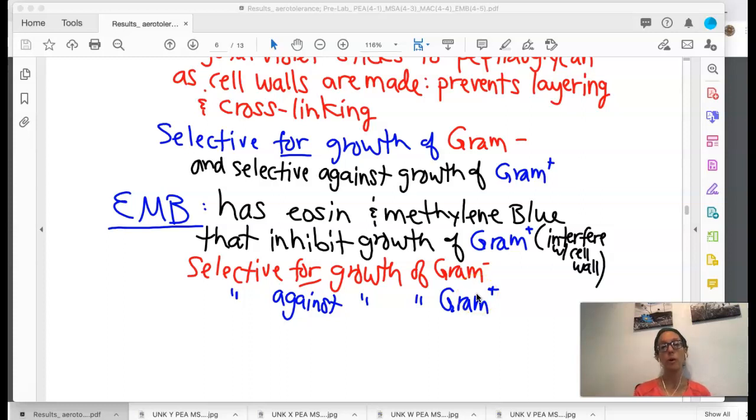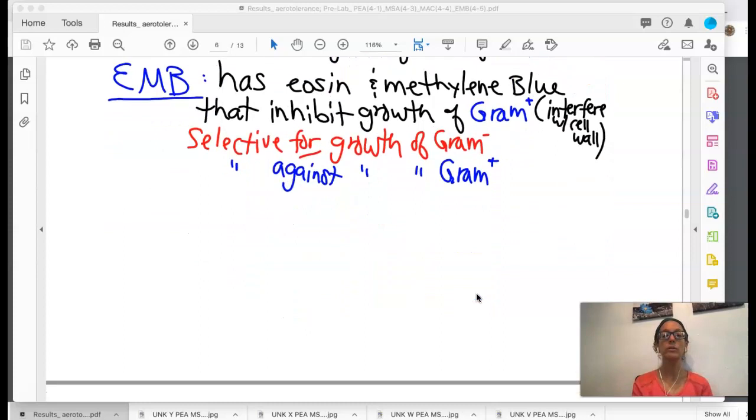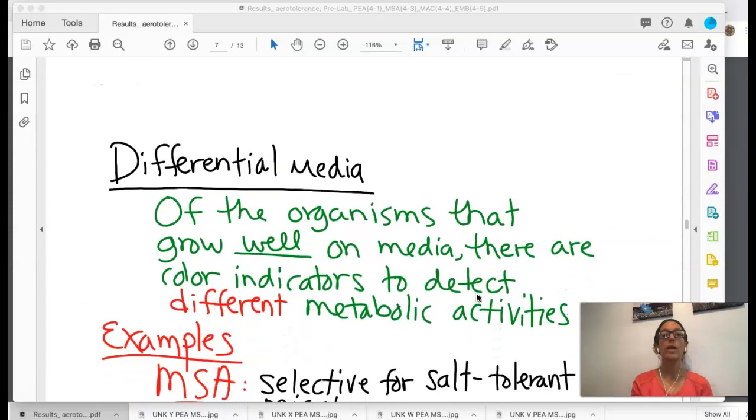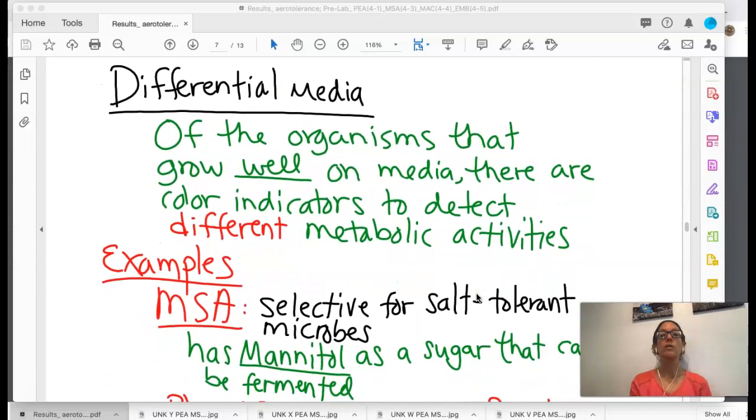So we have 4 different media, and they are all selective. They will promote the growth of some microbes and inhibit the growth of others. 3 of these media are also differential. And to be differential means that of the organisms that grow well, there are color indicators that will detect different metabolic activities.